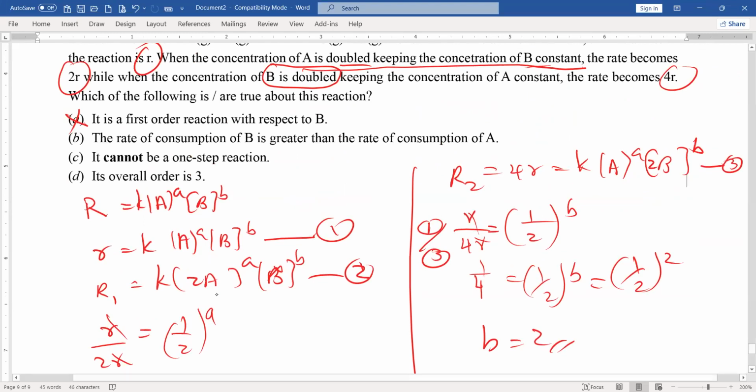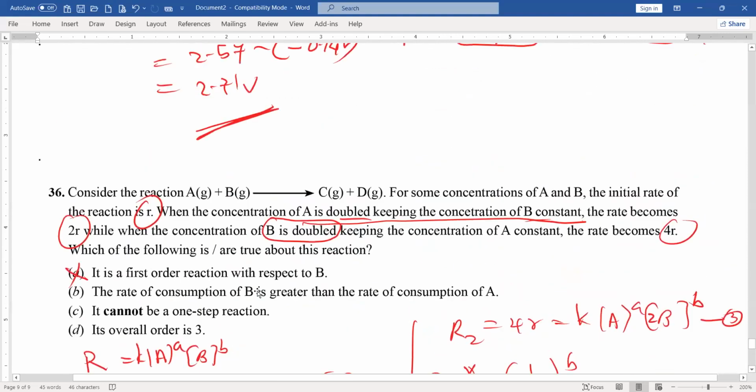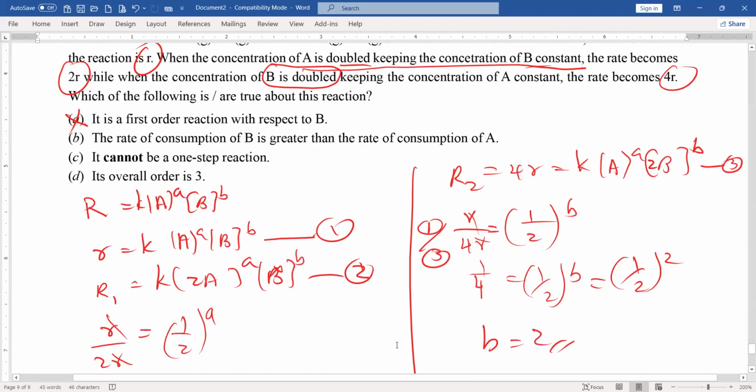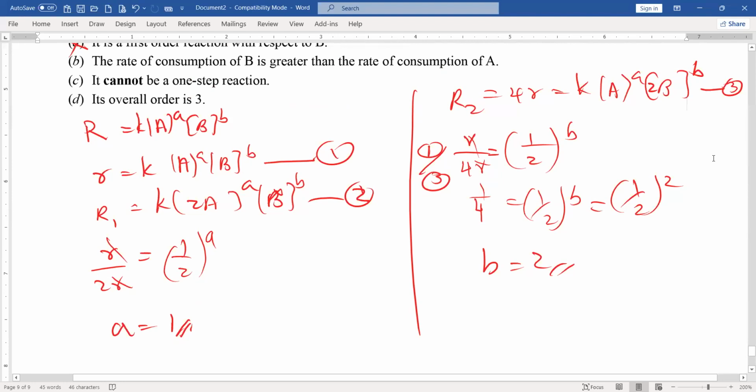The rate of consumption of B is greater than the rate of consumption of A? No, it is the same. Why? Stoichiometric numbers are the same, which means the rates are the same. Though the power is 2, power doesn't mean the rates are not equal. Rates are equal.